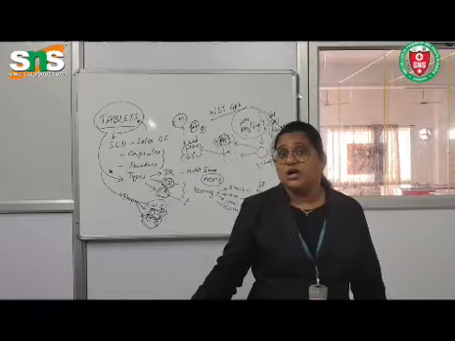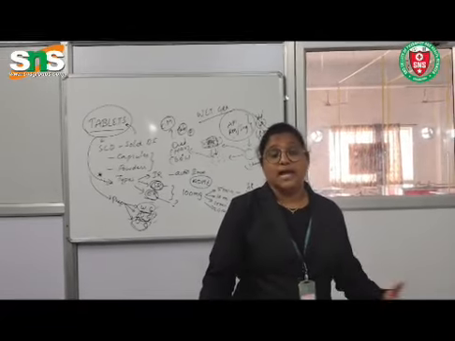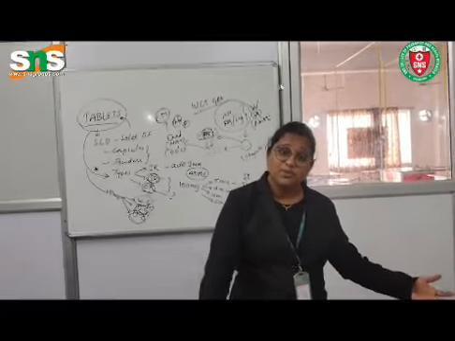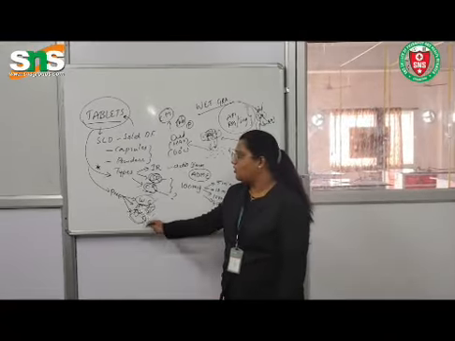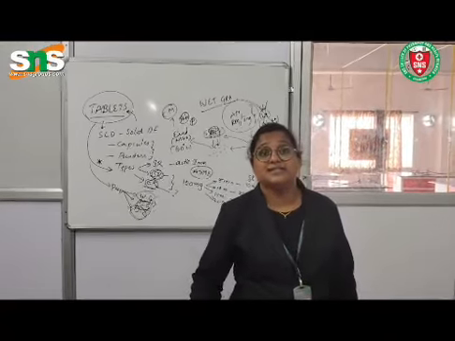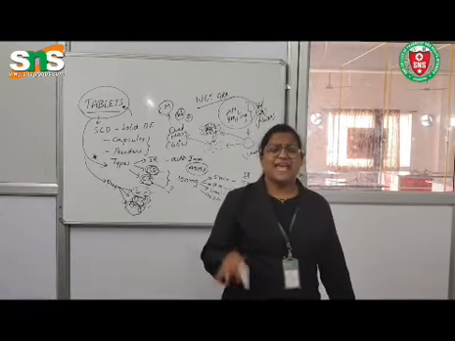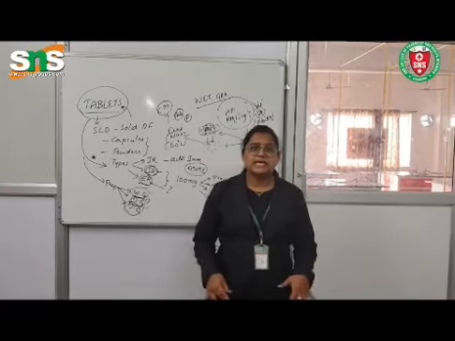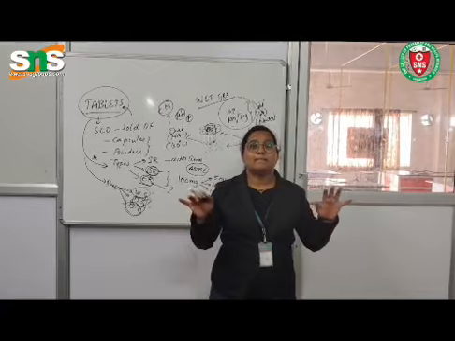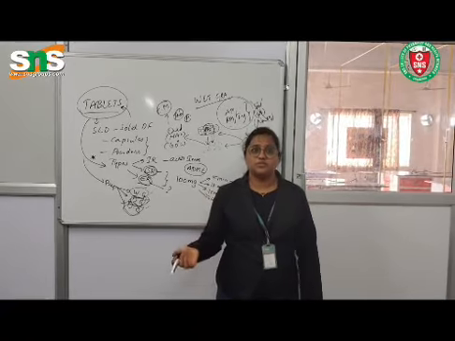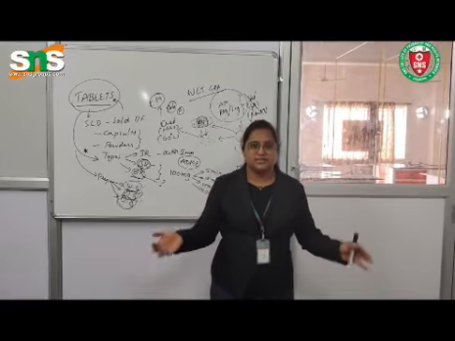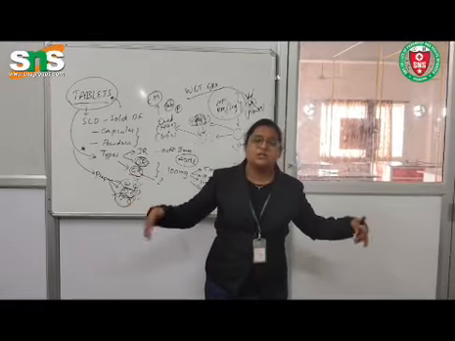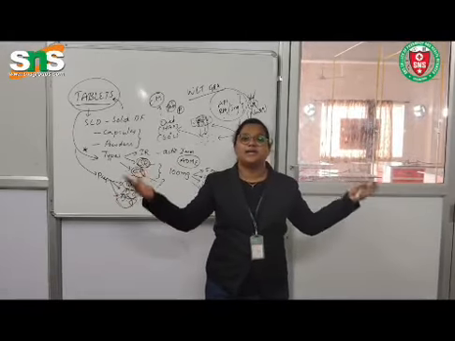Those not tolerated for aqueous but tolerated for non-aqueous can go for dry granulation. So based on the need and the compatibility, we can choose the type of procedure, whether wet granulation, dry granulation or direct compression.